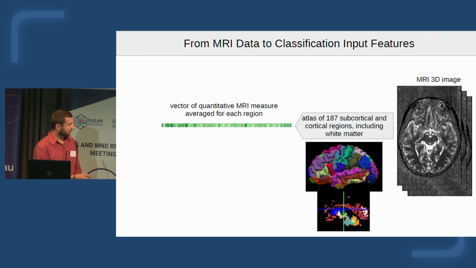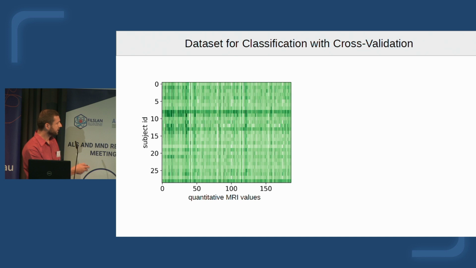We do a segmentation of the brain in an atlas of about 180 regions that are both subcortical and cortical, and also involve the white matter. What we end up with for each patient is a number of values, one per region. We collect this data for all the different subjects.